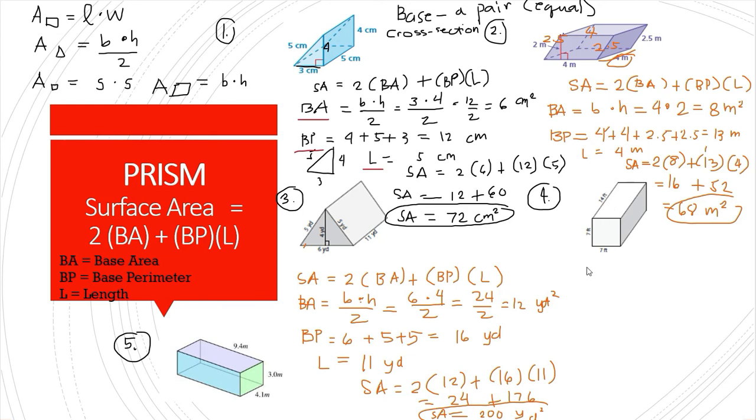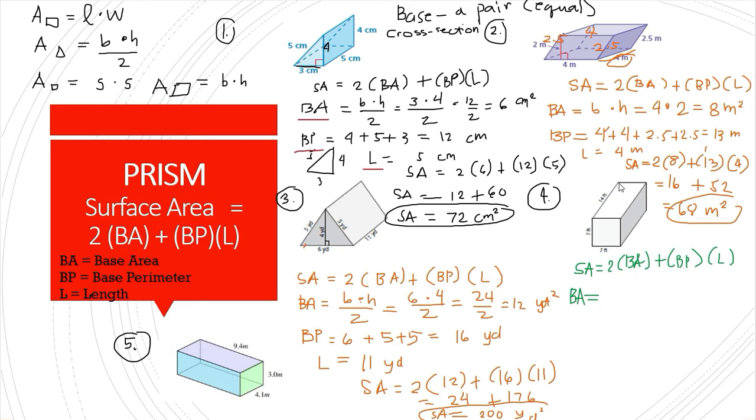Let's go to number 4. Right, number 4. Same formula. So all types of prism, you can use this formula. Surface area is equal to 2 times the base area plus base perimeter times your length. Right? So therefore you have, what's your base area? Identify your base. Okay, this is like a square prism.